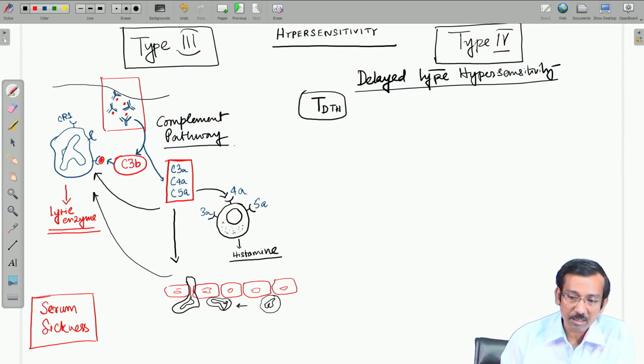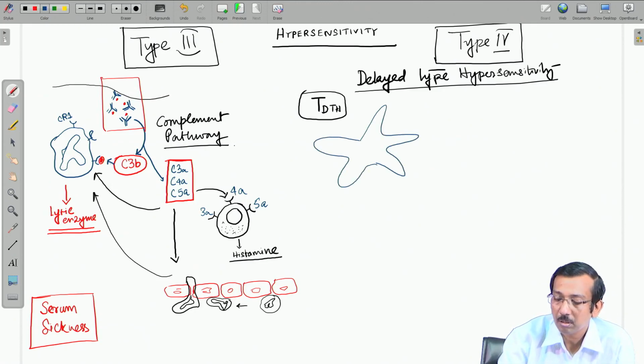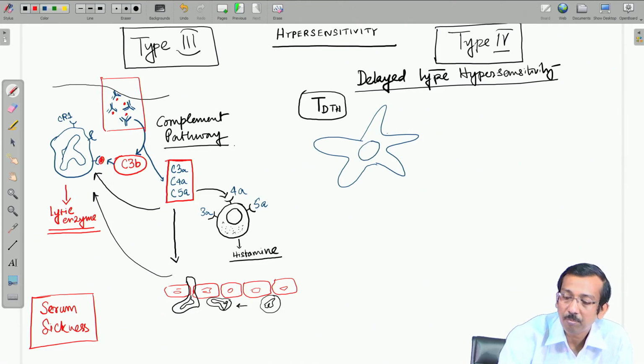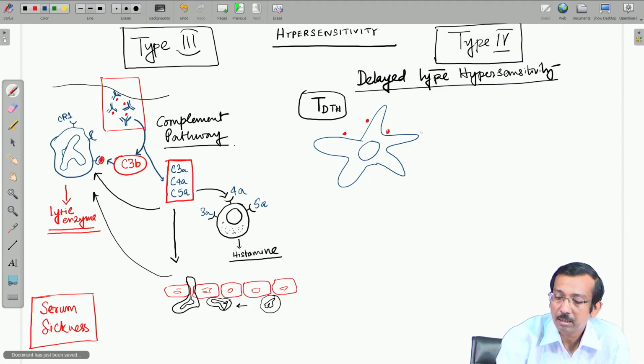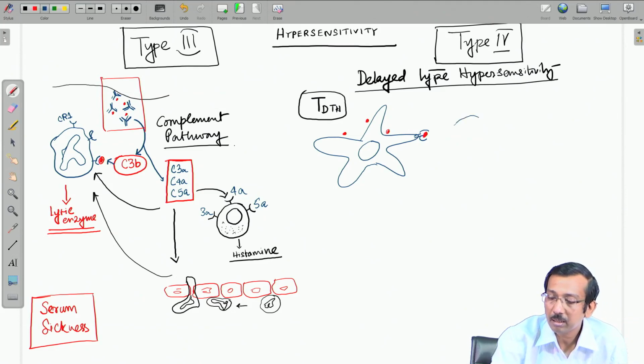These Langerhans cells interact with the antigen and present this antigen, which can then prime a CD4 plus T helper cell, a Th1 cell.